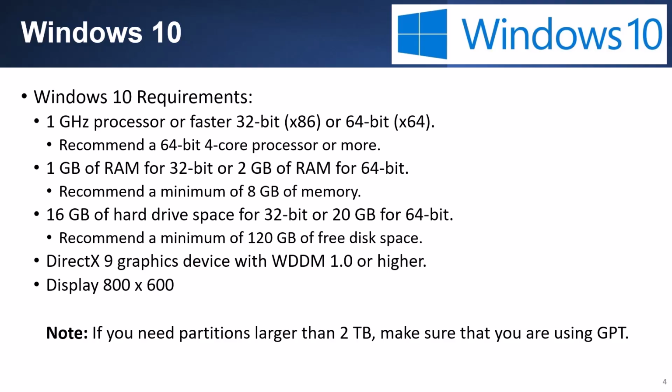Next, you'll need 16 GB of hard drive space for 32-bit or 20 GB for 64-bit. It is recommended to have 120 GB of free disk space or larger. You also need a DirectX 9 graphics device with WDDM 1.0 or higher and an 800 by 600 display. Note, if you need partitions larger than 2 terabytes, be sure that you're using the GPT partitioning style.